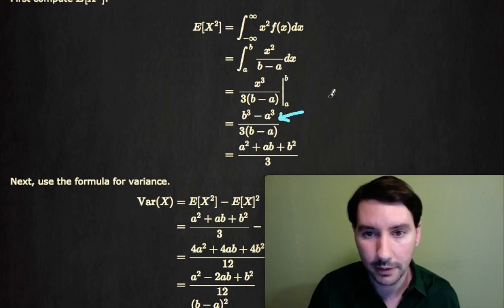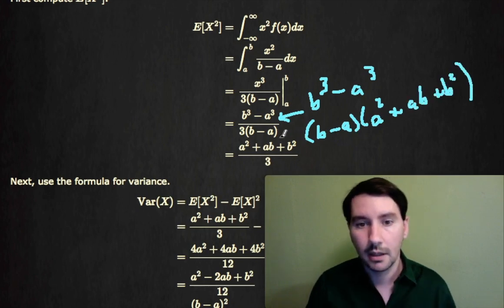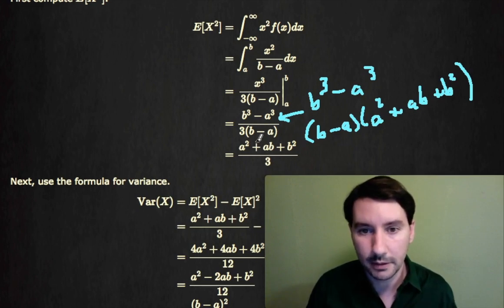And here we're going to use the fact that b³ − a³ is equal to (b − a) times (a² + ab + b²). And so the (b − a)'s cancel once again, and we have (a² + ab + b²)/3.